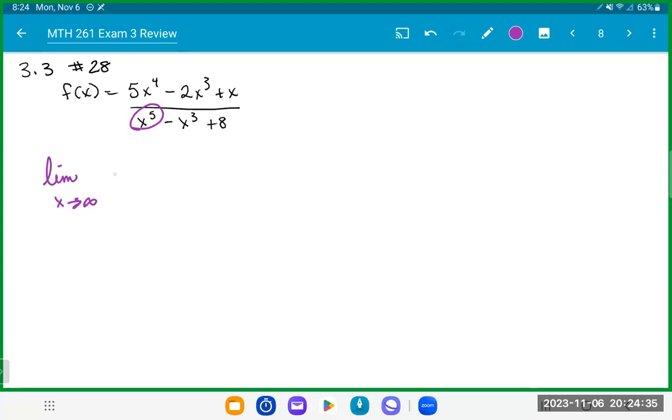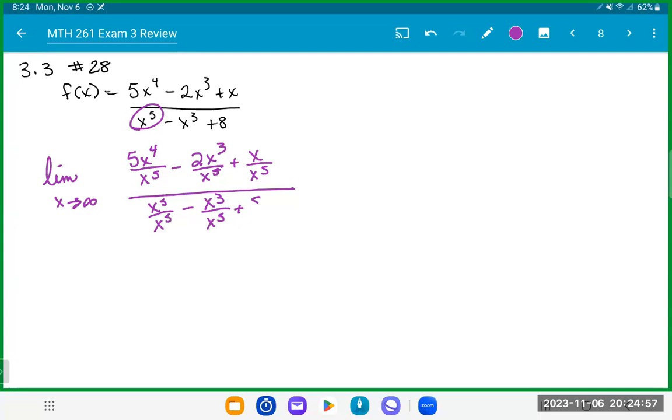So that gives me 5x to the 4 over x to the 5 minus 2x cubed over x to the 5 plus x over x to the 5, divided by x to the 5 over x to the 5 minus x cubed over x to the 5 plus 8 over x to the 5.